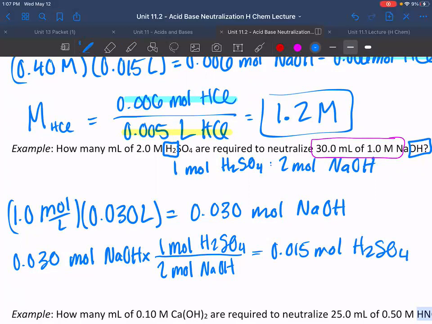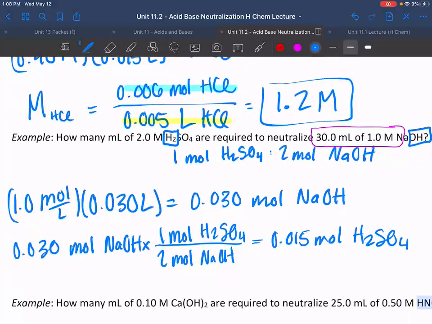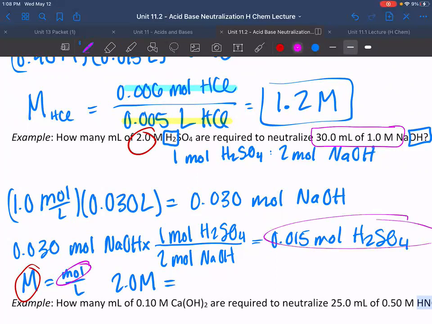Now this question is slightly different. It wants to know how many liters or milliliters it will take to neutralize. Thinking about how molarity is equal to moles over liters, do we have a concentration for sulfuric acid? Yup, it's right here. We'll plug that in for M, 2.0 molar. Then we plug in the moles we just determined, 0.015 moles H2SO4.